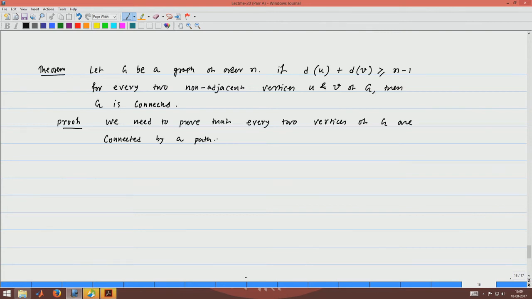In order to prove a graph is connected, what you have to do is prove that every pair of vertices in the graph are joined by a path. Okay? So, that is what we have to do here.